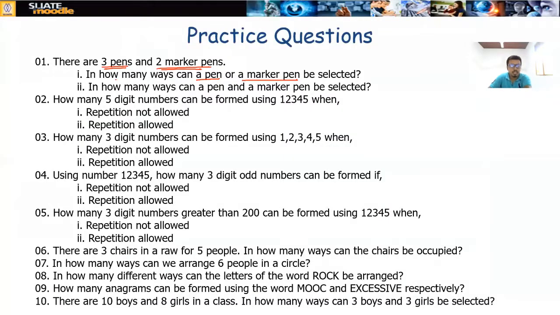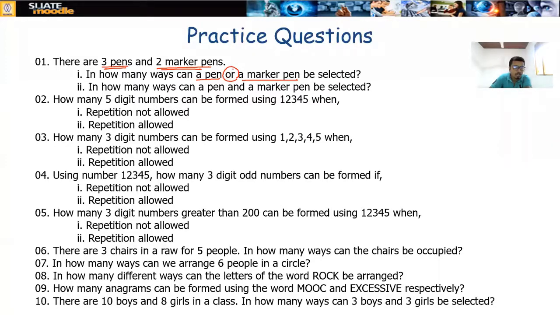What we need to find: in how many ways can a pen or a marker pen be selected? What is the term they have used? They have used the term or.